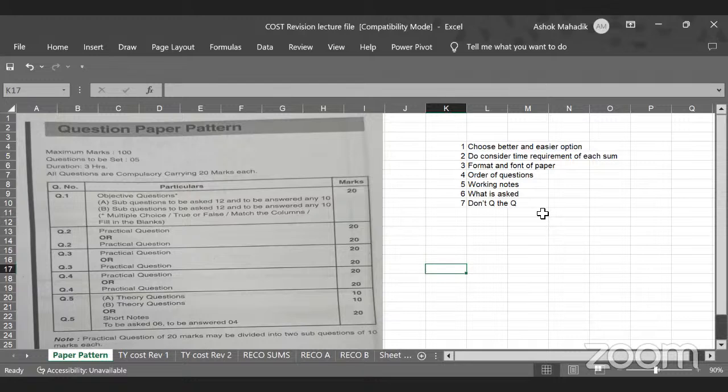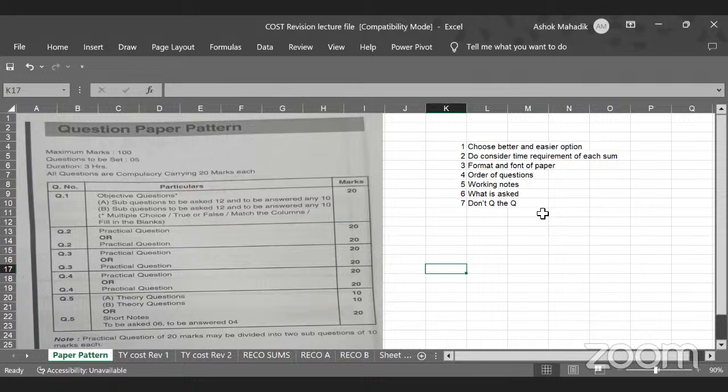Then tip 4 is order of questions. You can solve questions in any order, but I suggest you start with objectives only. Always attempt question number 1 first. Then you can change the order as per your requirement, but as far as possible, stick to the order of the question paper.